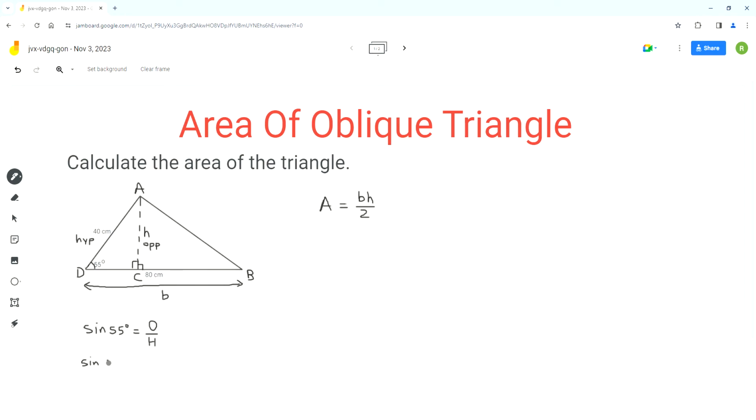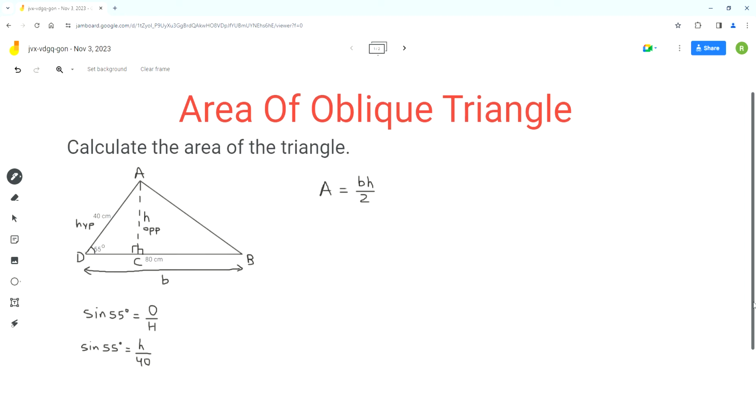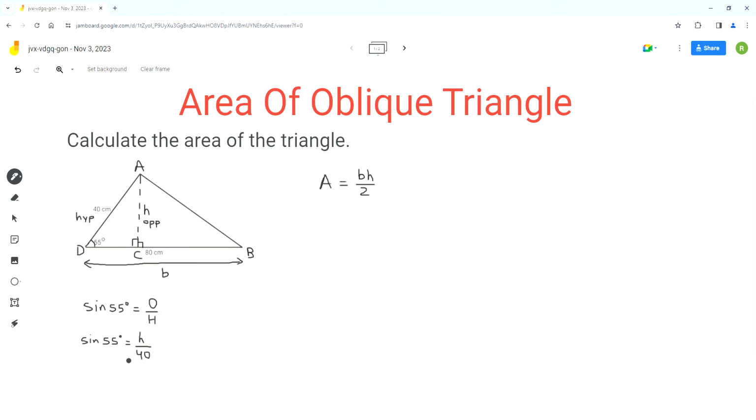So for O, we will use H, which is the height of the triangle, and the hypotenuse length is 40 centimeters. We can solve for H by cross multiplying 40 to the left side of the equation. So we get 40 sine 55 degrees equals H.